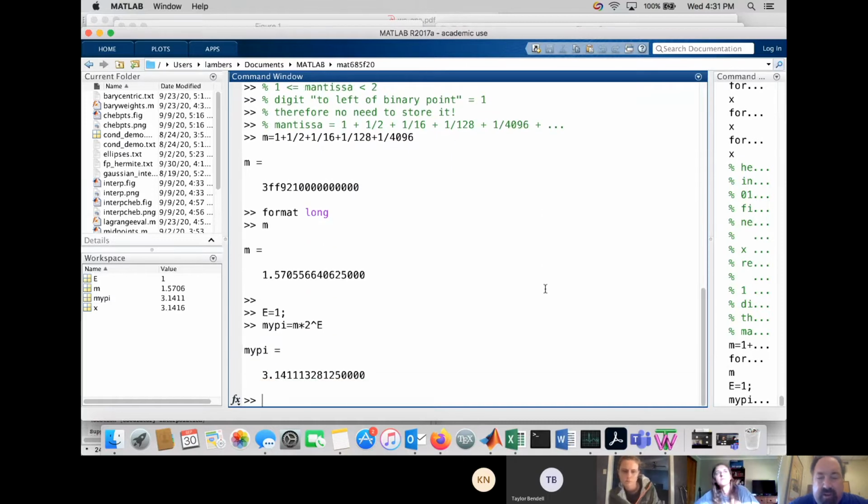So that's how a floating point number is represented internally. We have one sign bit, 11 bits to describe an exponent, a power of 2 that could be positive or negative, and then 52 bits specify significant digits in binary. So that's a typical format for a double precision floating point number.